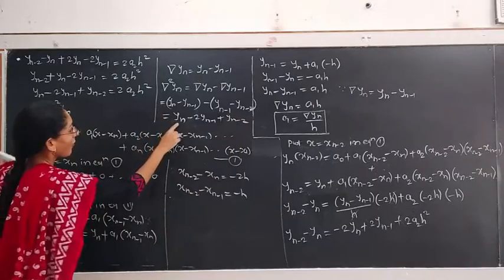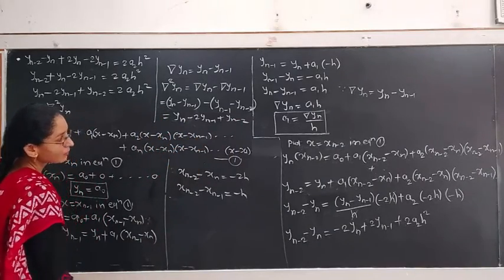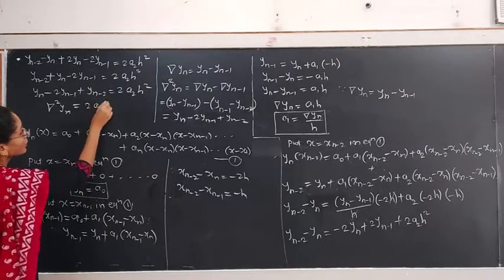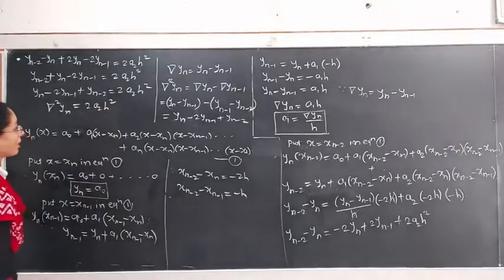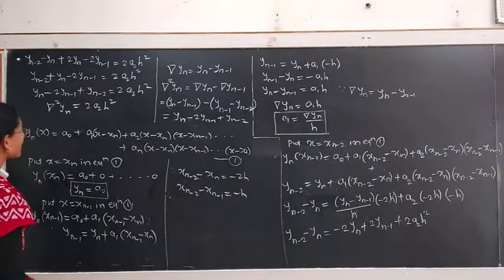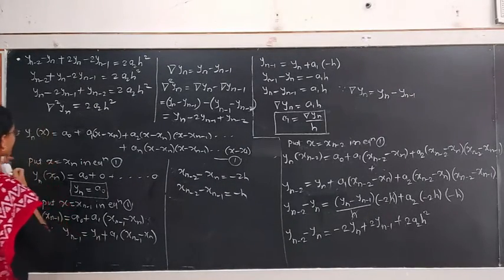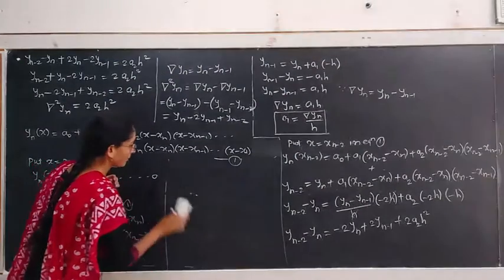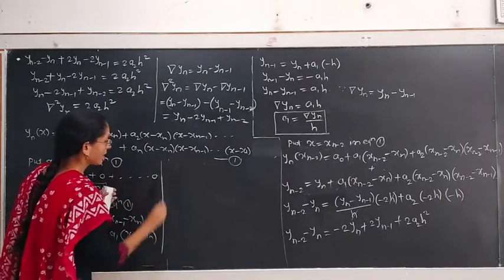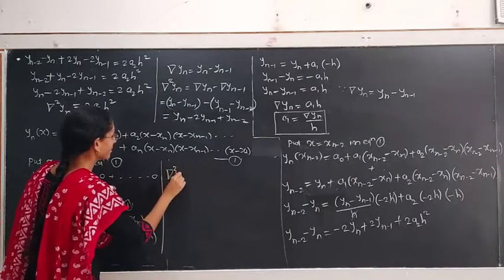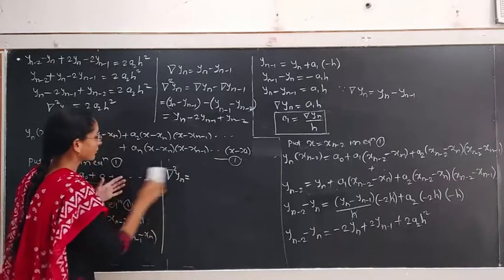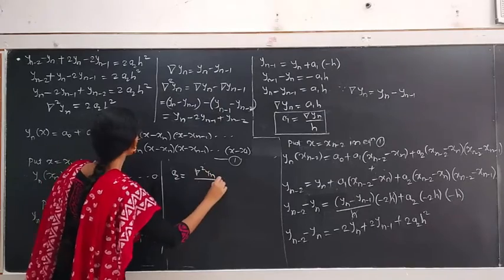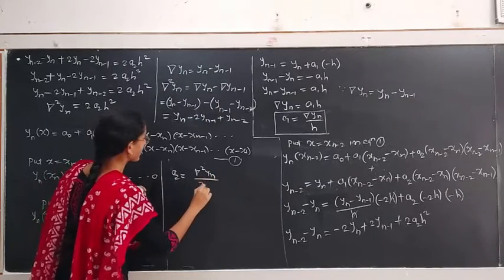So the value of y_n minus 2y_{n-1} plus y_{n-2}, which is del square y_n, is equal to 2a2h square. We want the value of a2, hence the value of a2 is given as, I am writing that value here because we require the equation number first. Value of a2 is del square y_n upon 2h square.